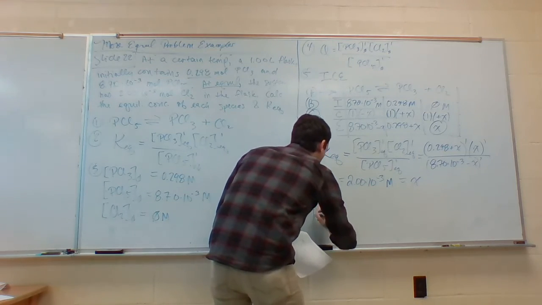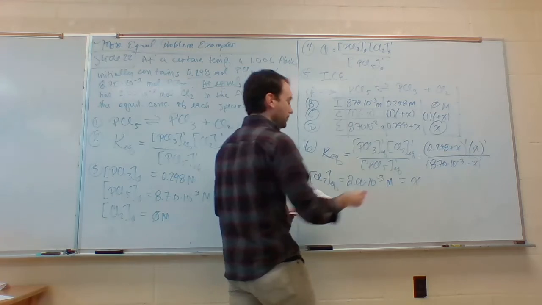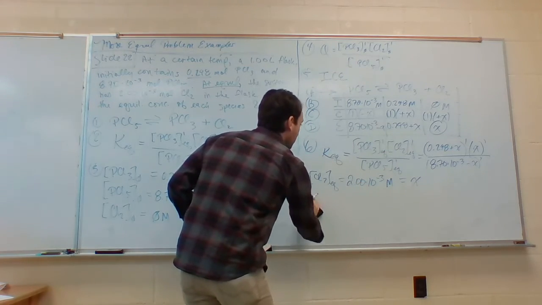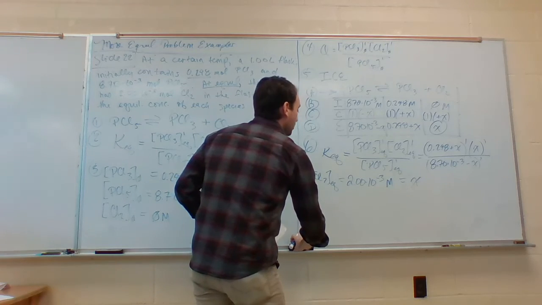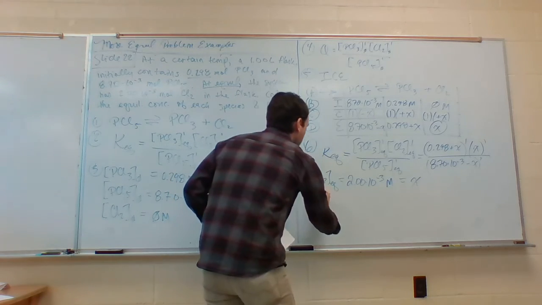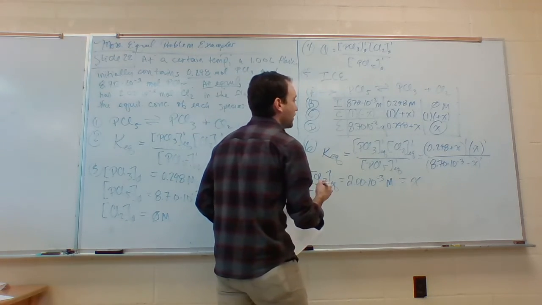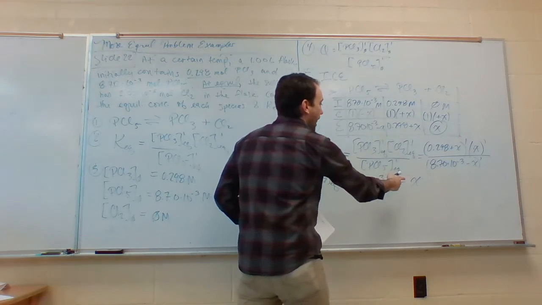Well, now that I know what X is, I can plug X into my KEQ expression. Actually, before I do that, since I know what X is, I can get my equilibrium concentrations. Let's do that first.